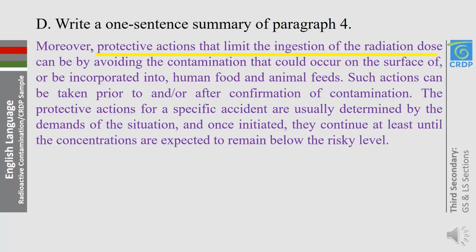Such actions can be taken prior to and or after confirmation of contamination, and this is the second main point, that these actions must be taken before and or after the contamination. Okay, we continue. The protective actions for a specific accident are usually determined by the demands of the situation, and this is the third main point, that these actions are based on the demands of the situation.